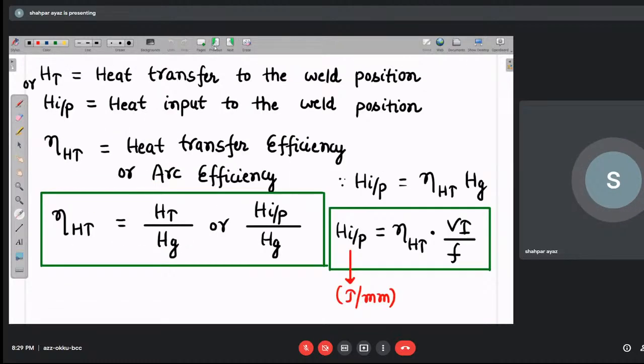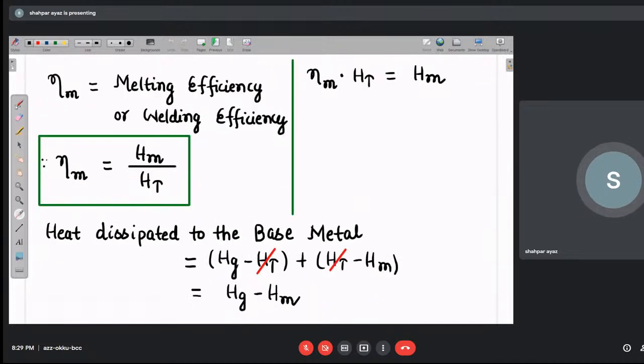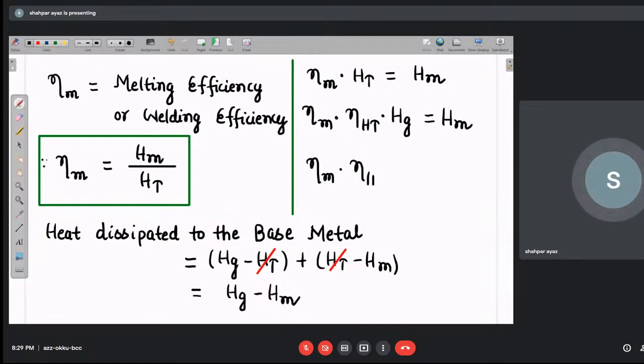Ht is your heat transfer efficiency into Hg. So I am going to put this: melting efficiency into heat transfer efficiency into Hg is equals to Hm. Melting efficiency into heat transfer efficiency is equals to Hm by Hg.